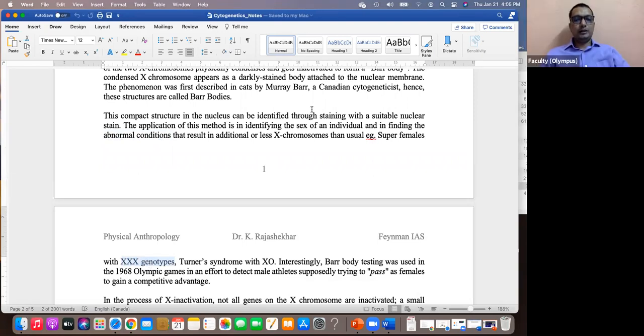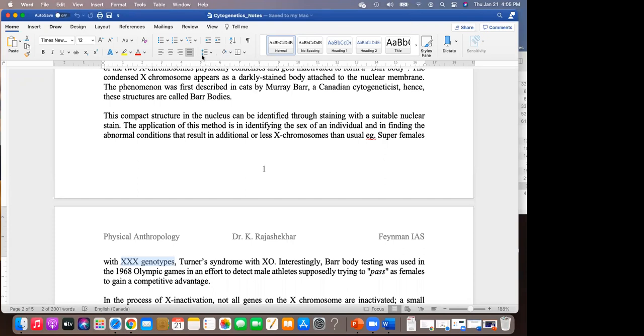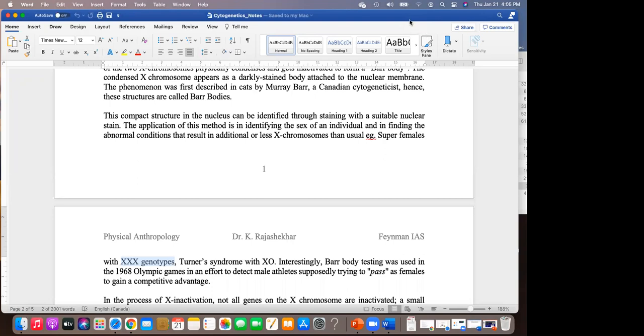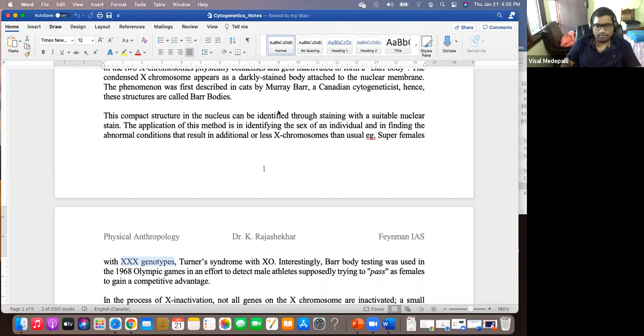What about in Turner's case? How many Barr bodies will be present in Turner? 1. Okay. What about other? Vishal? Sir, I think it will not show anything.